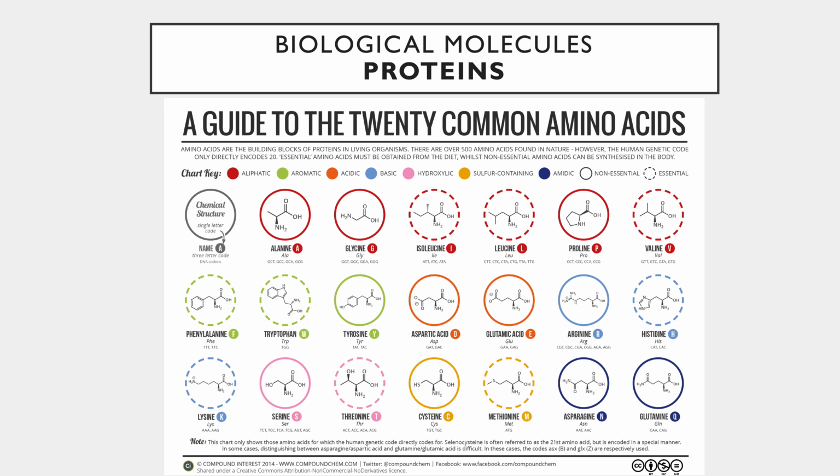The diagram shows the structures of all 20 different amino acids and some basic characteristics of each. Now, you do not need to know the structure of each amino acid R group, but you do need to be able to recognize and identify components of the fundamental structure that I previously showed you in the past slide.